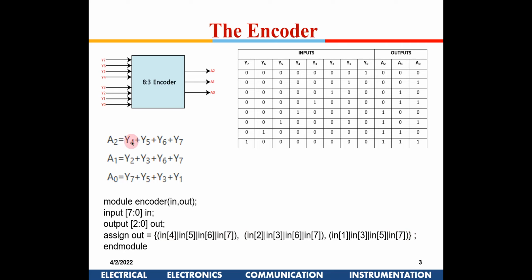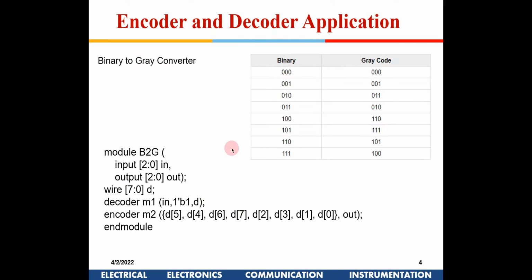We are taking in as a single 8-bit data, but here we are taking the OR of individual bits, y4, y5, y6 and y7. So that has been written like this. This is the code for an encoder, so we can write an encoder like this.